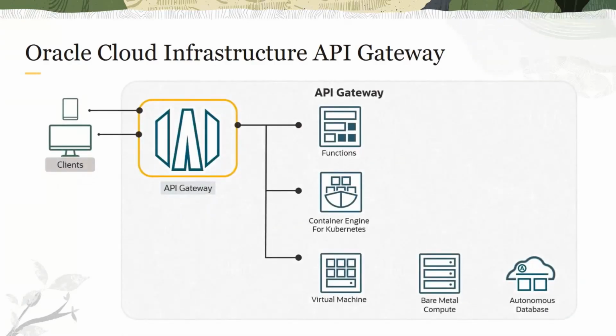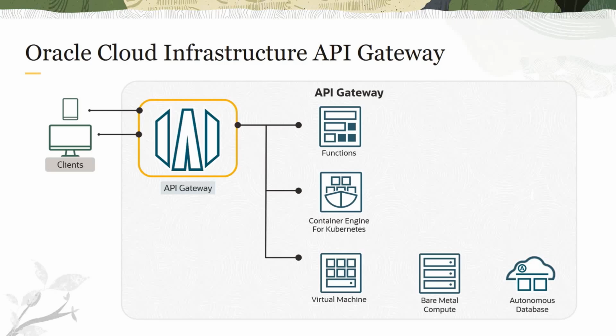In the API Gateway service, a front end is the means by which the requests are going to flow into an API gateway. An API gateway can either have a public front end or a private front end. A public front end exposes the APIs deployed on the API gateway via a public IP address, whereas a private front end exposes the APIs deployed on an API gateway to a VCN via a private endpoint.